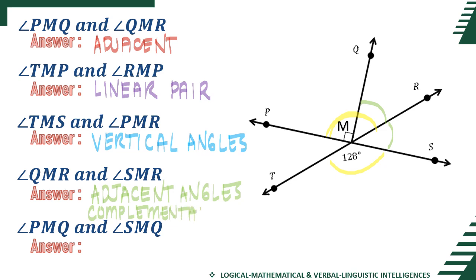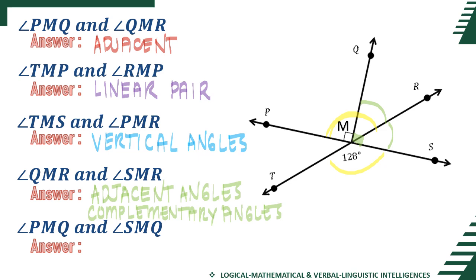Let's consider this one as well. Either of the two is correct. We can have adjacent angles, yes, it exists. And we can also consider complementary angles, because as you can see, we have PMQ, which is 90 degrees, and definitely this one is also 90 degrees.